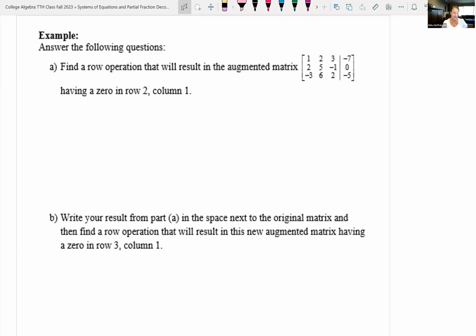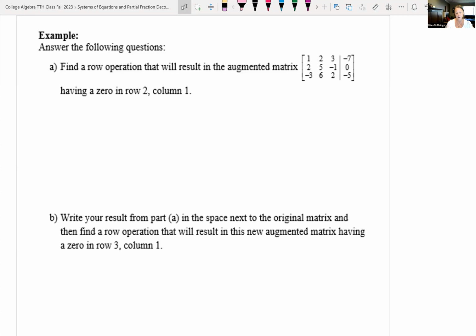So we have another example in front of us now. It says find a row operation that will result in the augmented matrix where we are having 0 in row 2 and column 1. So looking at our matrix, our first row is 1, 2, 3, the vertical line, -7.